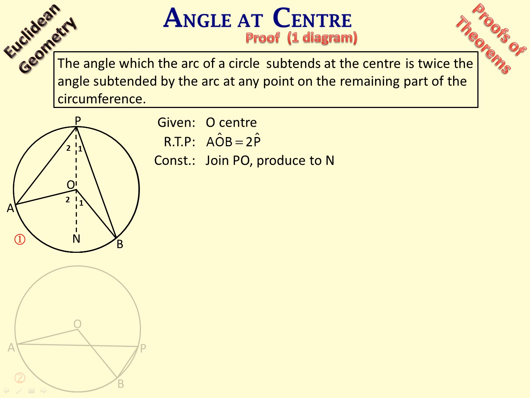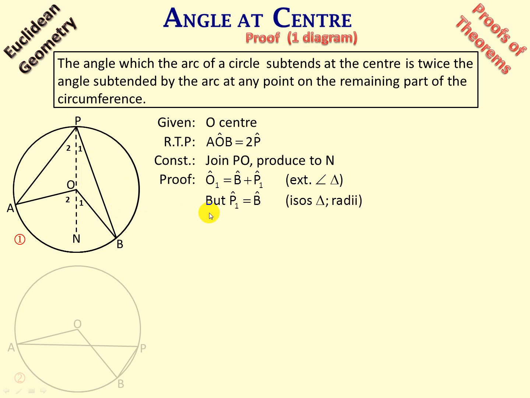Let's get into the proof now. Notice the labeling. It makes life easier than having to use 3 letters, just using P1 instead of BPN, for example. The proof: O1 equals P1 plus B, and that's the exterior angle of the triangle.